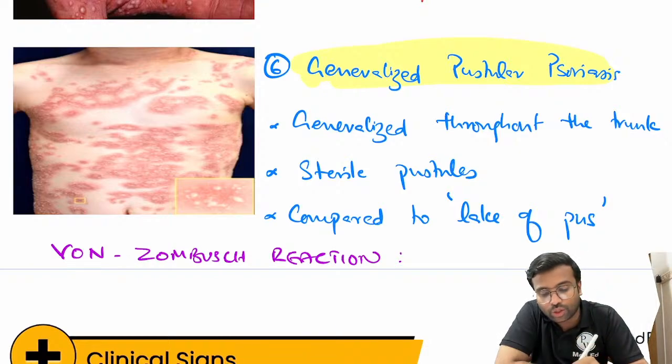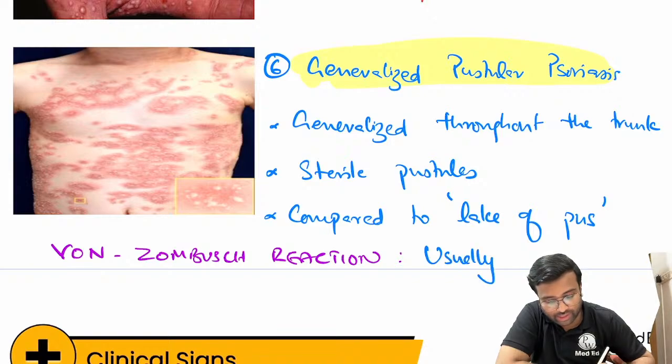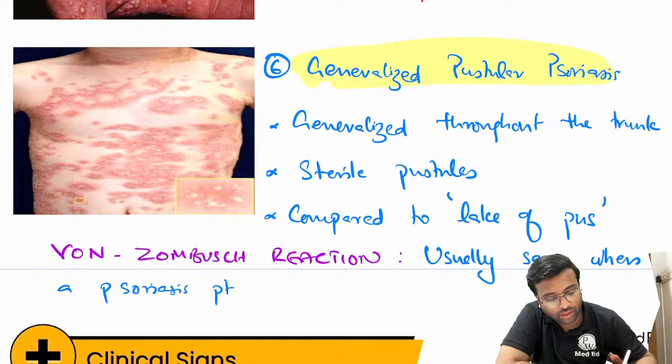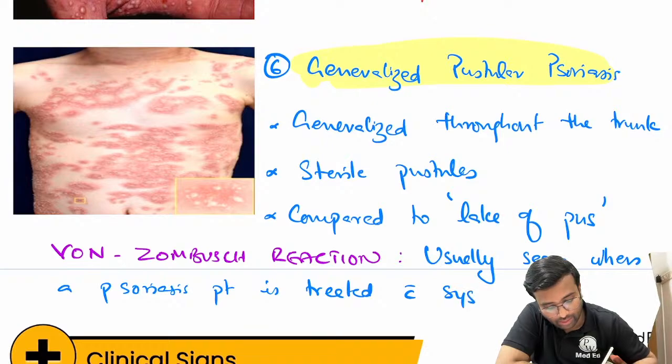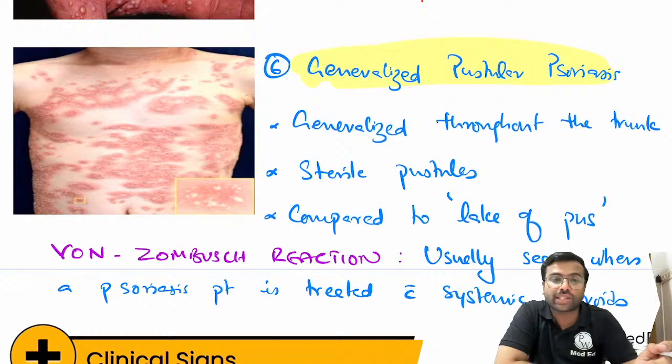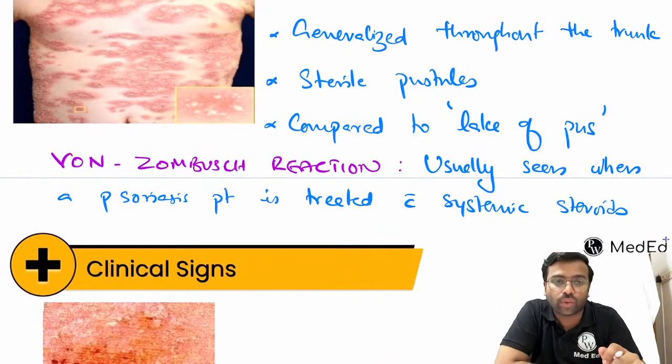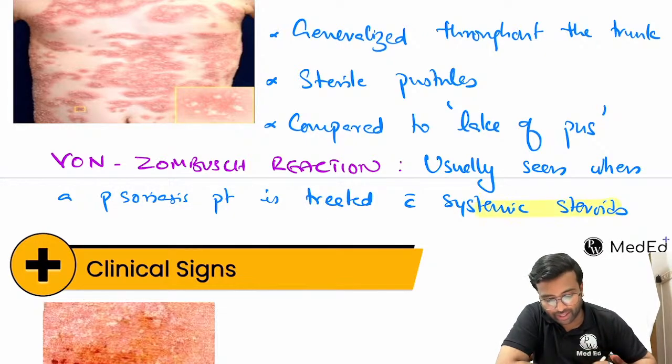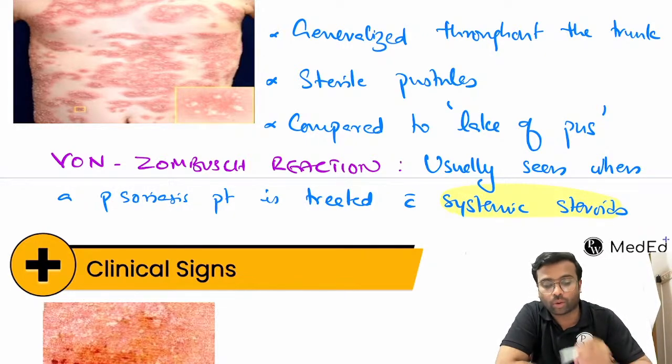Because this is usually seen when a psoriasis patient is treated with systemic steroids. Just keep this point in your mind. I'll explain it to you in some time.